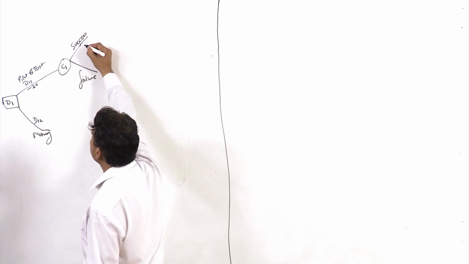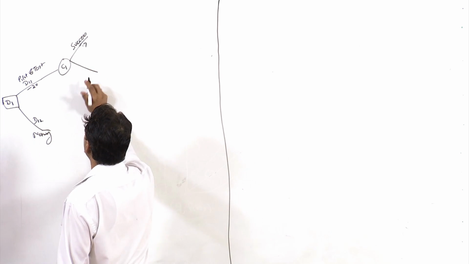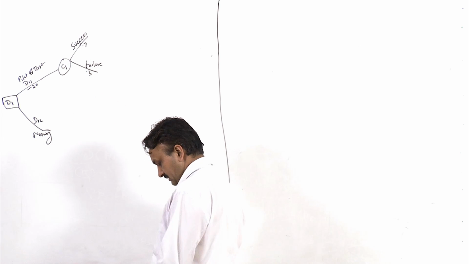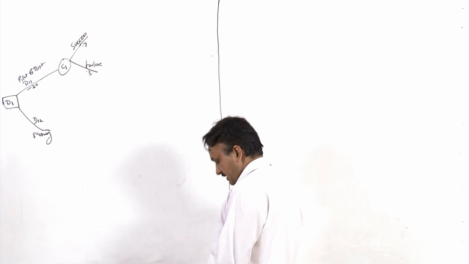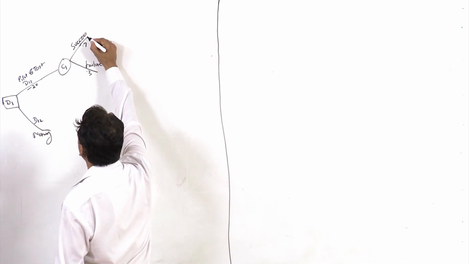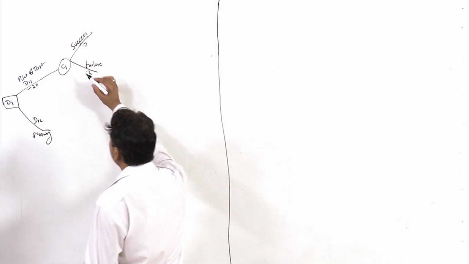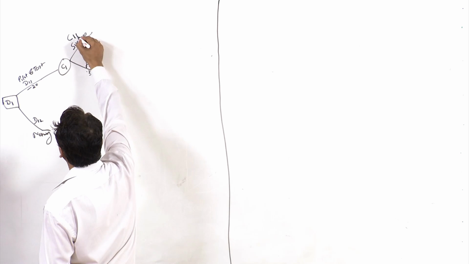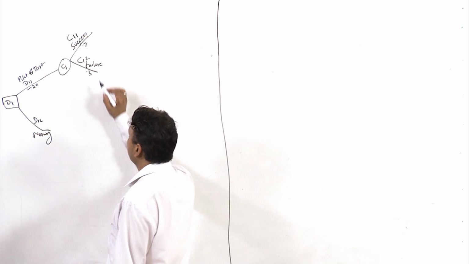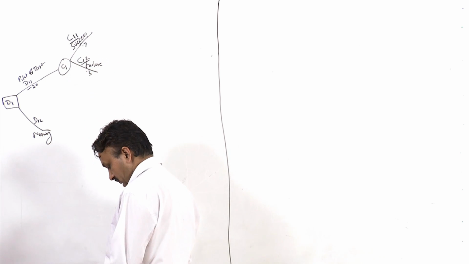So, the probability of success, it is given in the question, is 0.7 and let us write over here 0.3 as the probability of failure, right. Now when probability of success is 0.7, this is your C11 and this is C12, right.